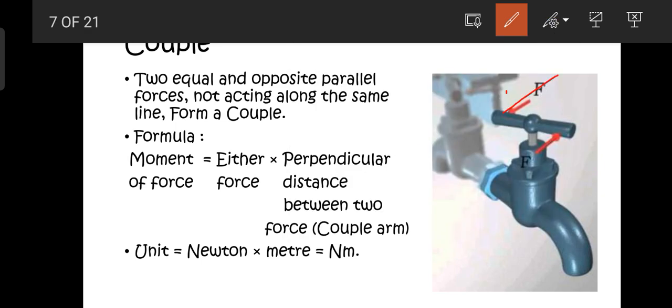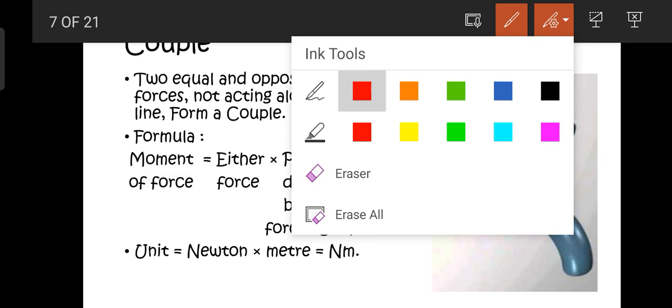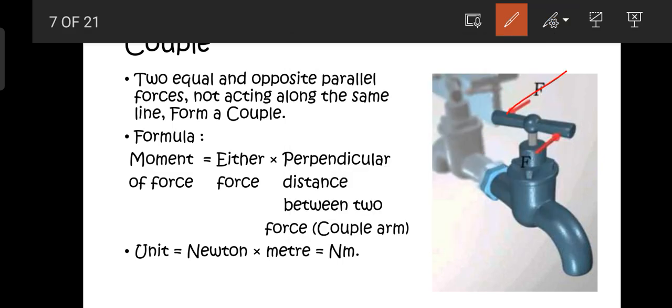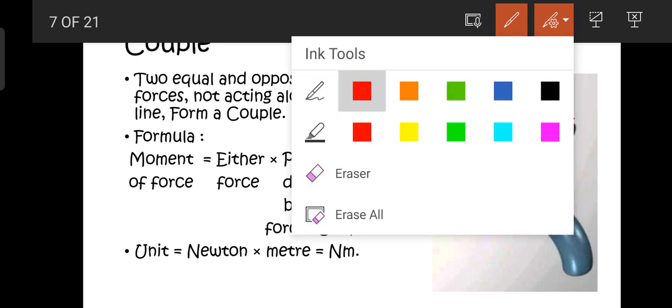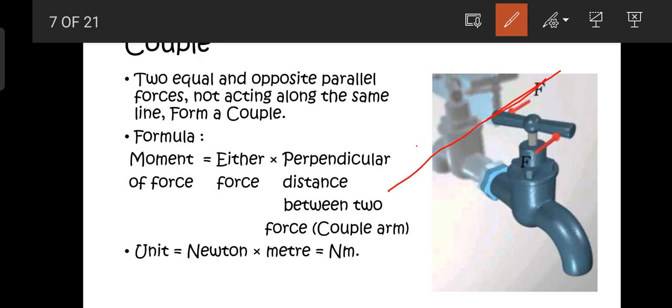If we put one force from here and another from here, will that tap close? No. So we put one force from here and another from here. Two equal forces opposite. Opposite means if one is going here, the other will go here, parallel to each other. They are always parallel to each other.